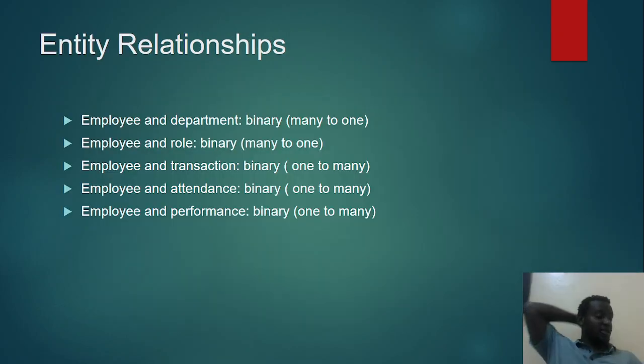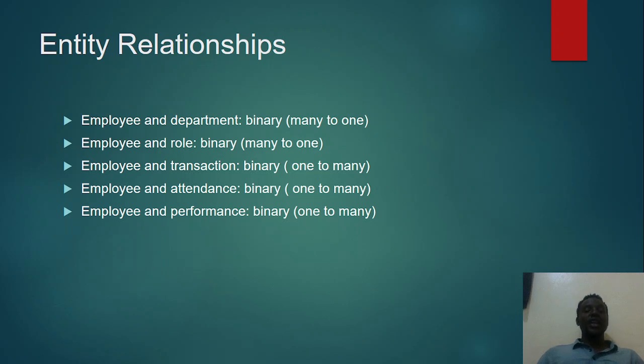The entity relationships are how the entities relate to each other. For example, in this one we have a centralized database, whereby the employee entity is like the mother to all the other entities we have.